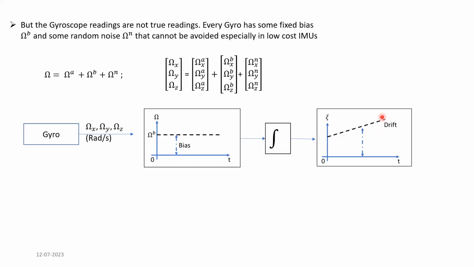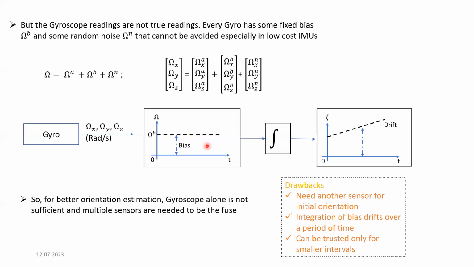That is a drawback. This bias can be reduced by calibration, but it cannot be completely removed because the bias is sometimes a slowly varying, time-dependent variable. So this is the drawback of using only gyroscopes, and that's why people usually use multiple sensors along with the gyro. Other sensors such as the accelerometer and magnetometer are combined and used together.